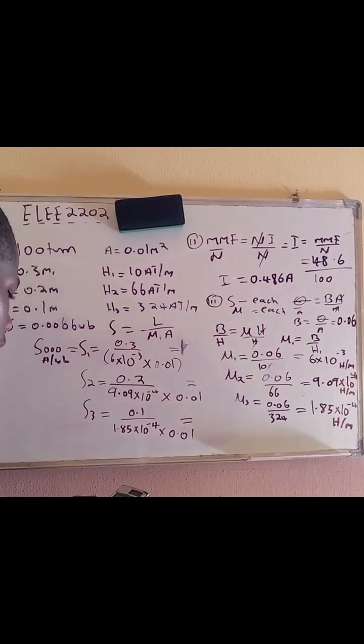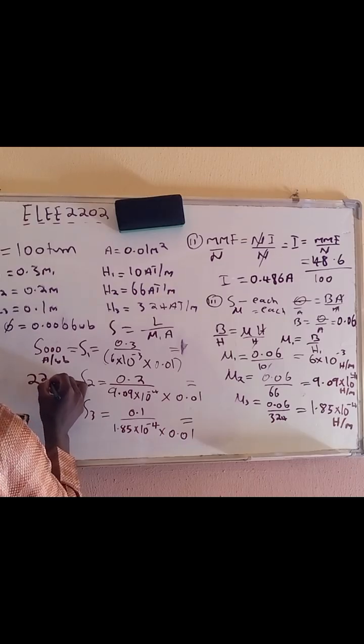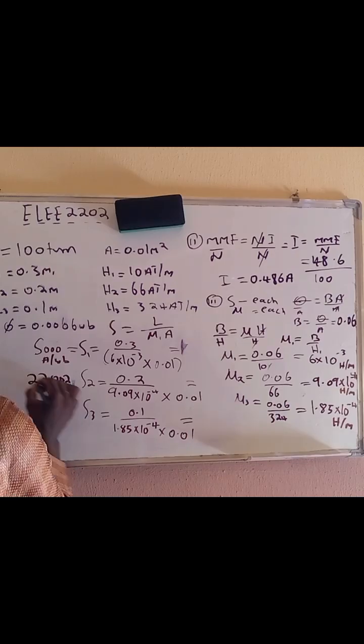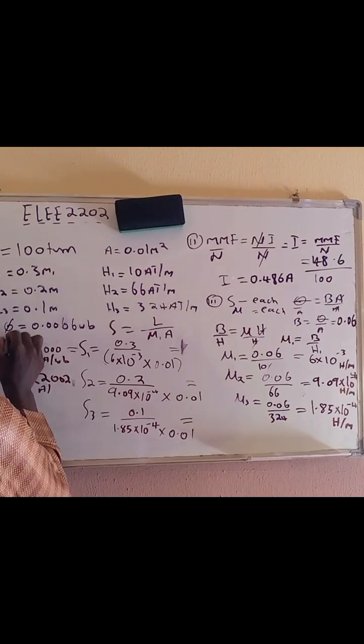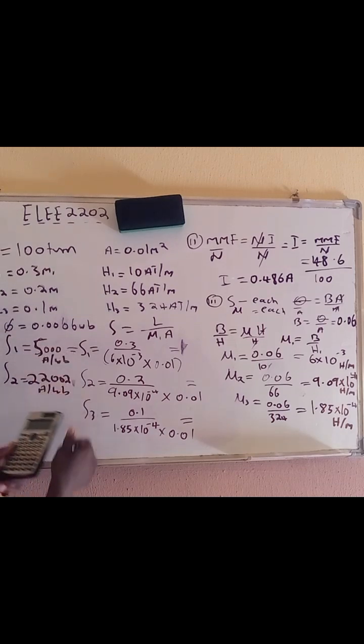Let's insert the second value: 0.2 over 9.09 times 10 exponential of -4 multiplied by 0.01, we have 22002 ampere per Weber. Here we have S2, and S1 is 5,000 per Weber.